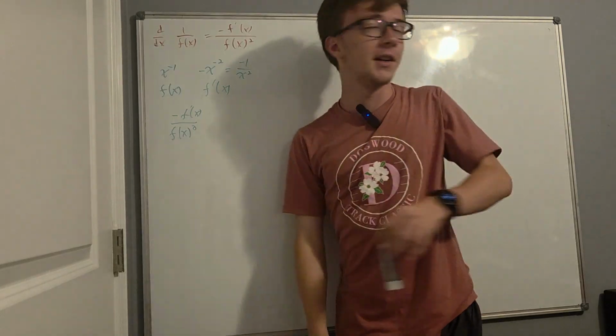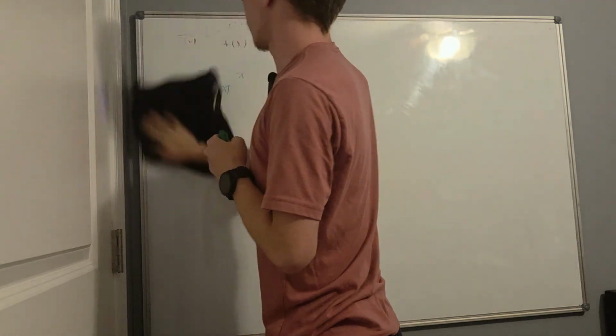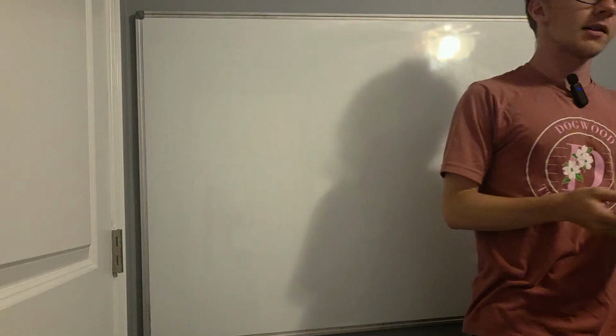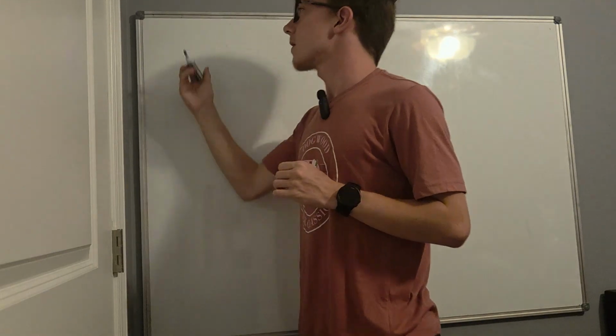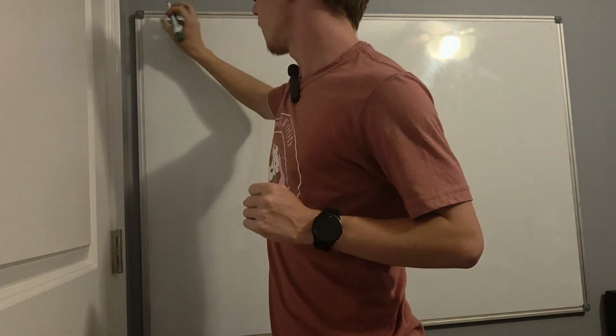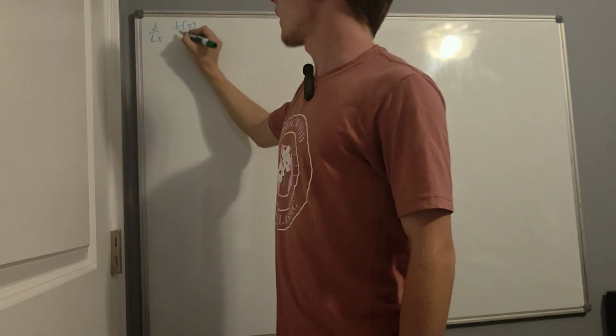And then also, if you really wanted to, you could prove the quotient rule using the product rule with that. So keeping that in mind, I'll do it quickly. I'm looking for the derivative of, this is just like a cool exercise, f of x divided by g of x.